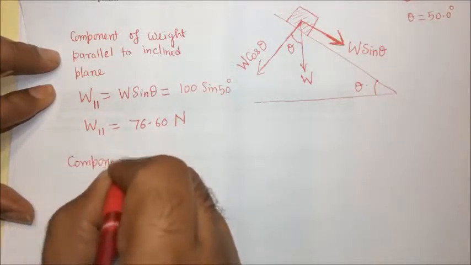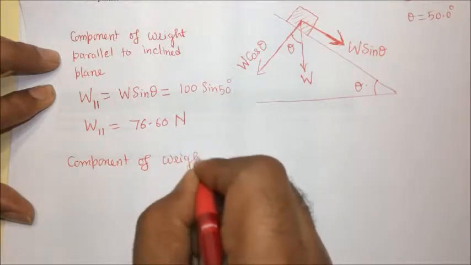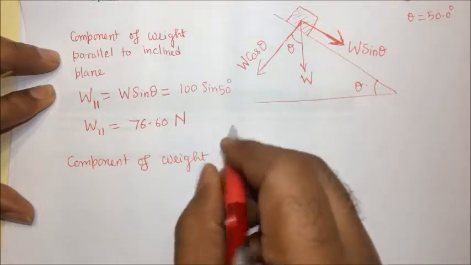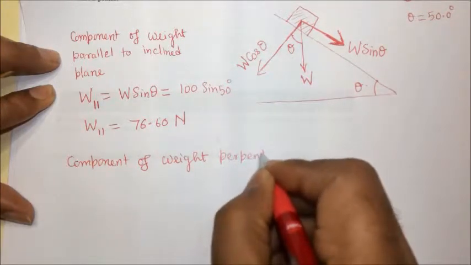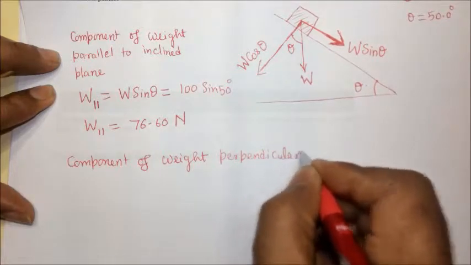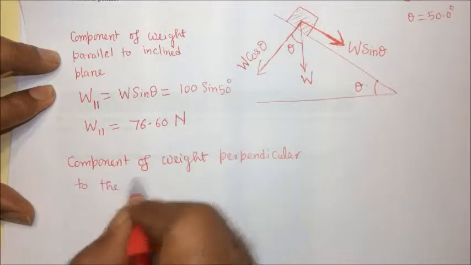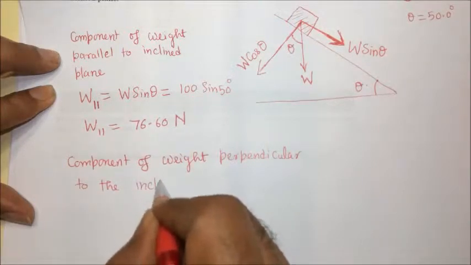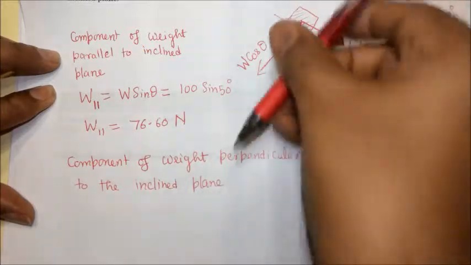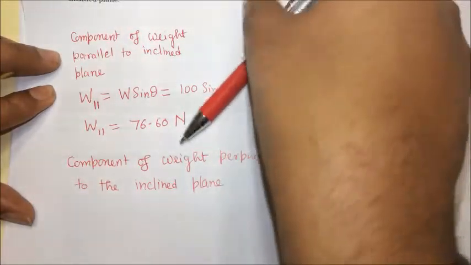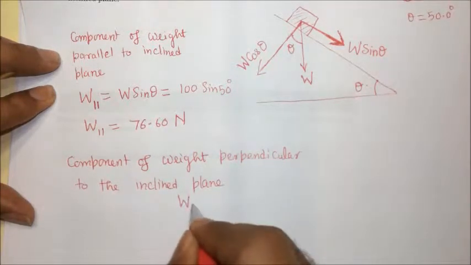Component of weight perpendicular to the inclined plane is this component, W perpendicular.